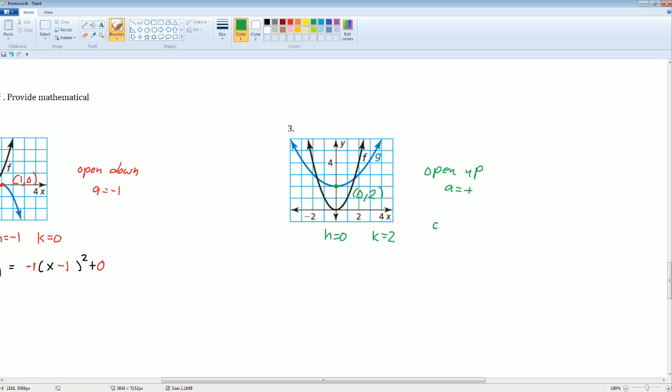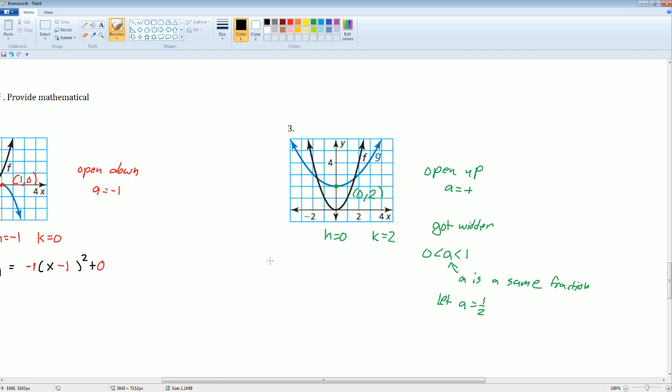So it got wider, and wider is when a is less than 1 but greater than 0, like a small fraction. We could actually find its value, but here I'm just going to let a be a half to simplify the problem. So let's write the equation.